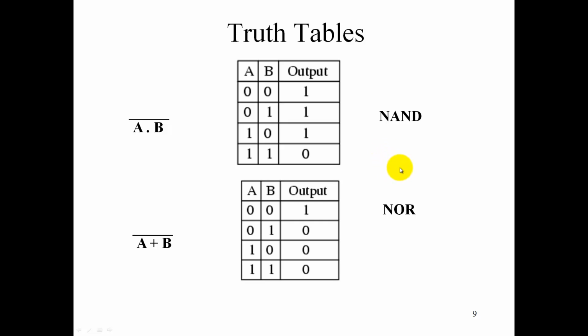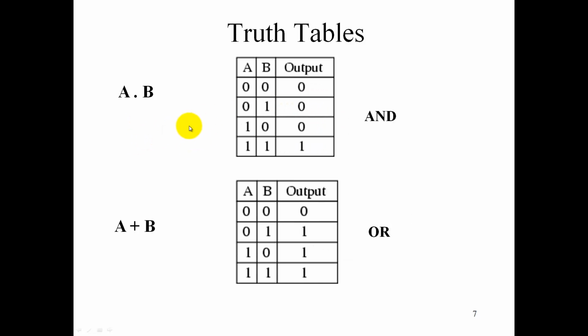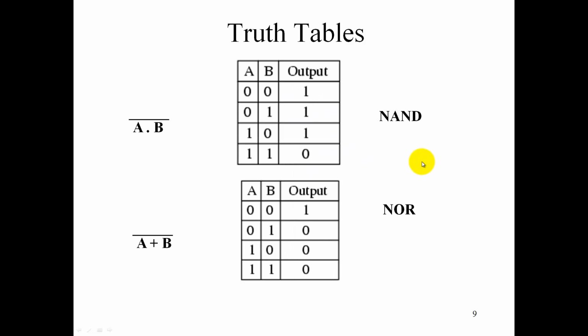And the last two gates here are the NAND, which stands for not AND, which is simply the negation of an AND statement. So that means the complete opposite. If we look back at the AND statement here, where the outputs would be 0, 0, 0, 1, here it is just 1, 1, 1, 0, which means it completely negates the opposite of all of the output values for what is within this AND gate.